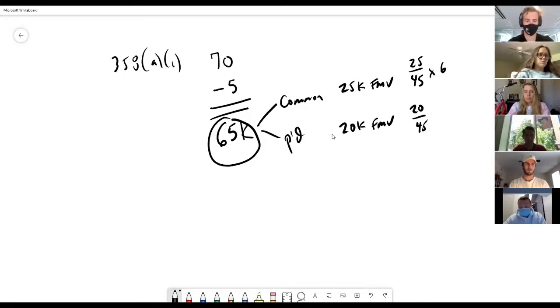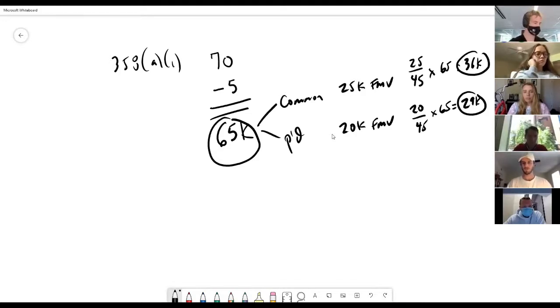We multiply that times 65, and that gives us 36K and change basis for the common, and 29K of basis for the preferred. Okay, so that's our 358(a)(1) basis in the stock received without the recognition of gain. And again, we only have to worry about that if we have more than one class of stock received.